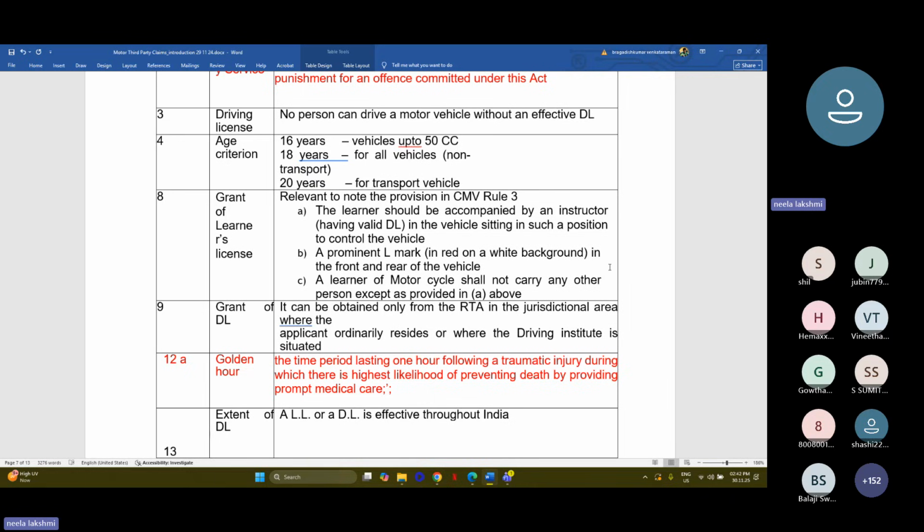Next, third point: a learner of a motorcycle shall not carry any other person except as provided in condition A. He should carry only an instructor who has a valid driving license, but he cannot carry any other person. Okay, these are the conditions relevant to the grant of learner's license.